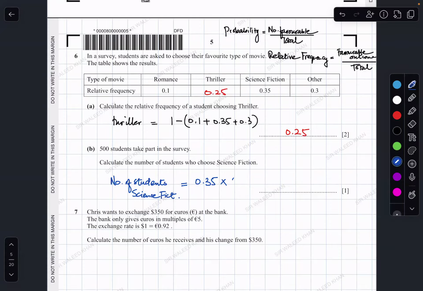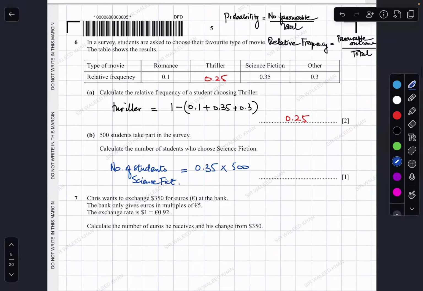So you can see, we just rearranged it. We want to figure out the favorable outcomes, so we just multiplied that with the total. So this should be, use your calculators, 175.